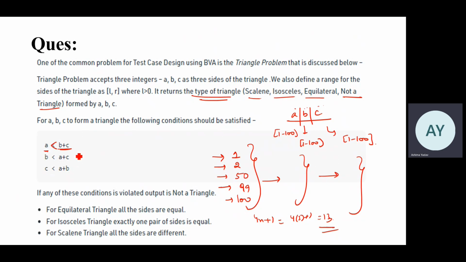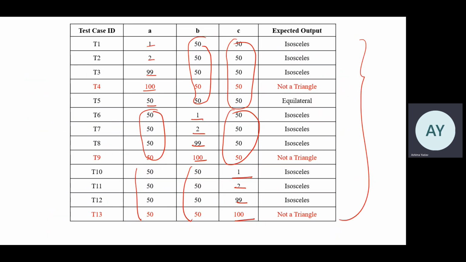So you need to check if in any of the test cases this condition is not satisfied, that the sum of, let's say, side 1 and side 2 should always be greater than the third side. If in any of the test cases this condition is not satisfied, then that particular output is invalid, or you can say not a triangle.